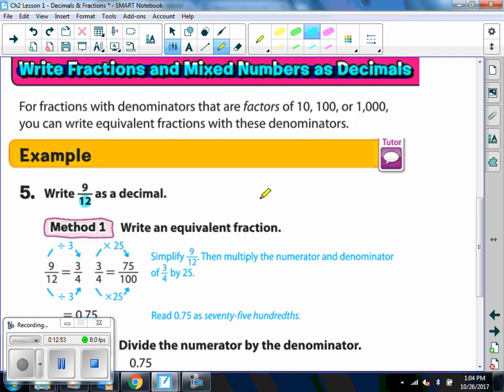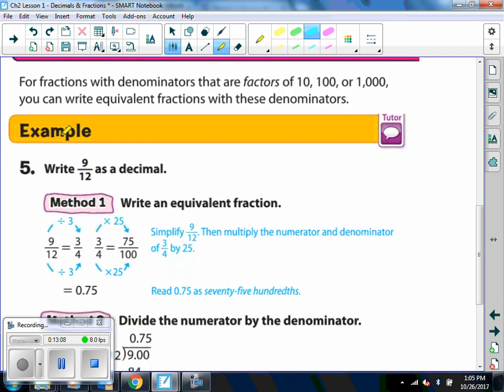Okay, so here where we want to write 9/12 as a decimal. Now with 9/12, 12 is not one of those denominators that we're looking for. But if I scale back by simplifying 9/12 to 3/4 by dividing by 3, 3/4, now the 4, we can scale forward by multiplying by 25, and we end up with 100.